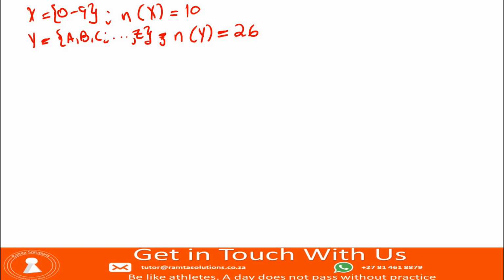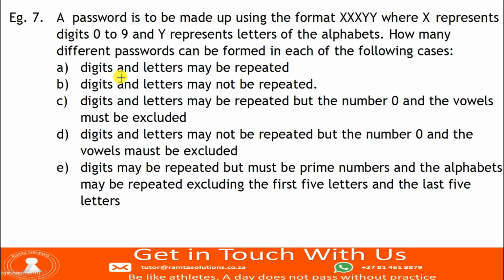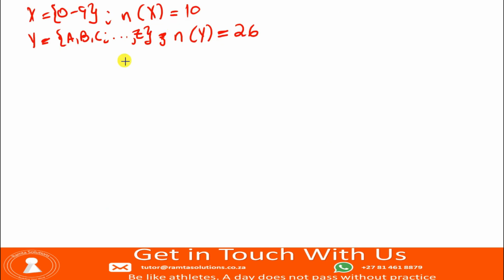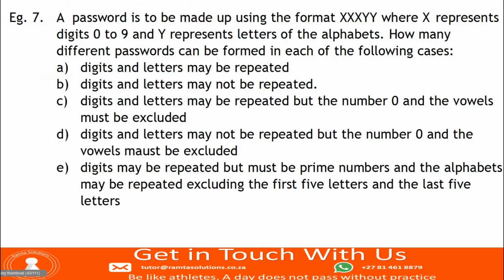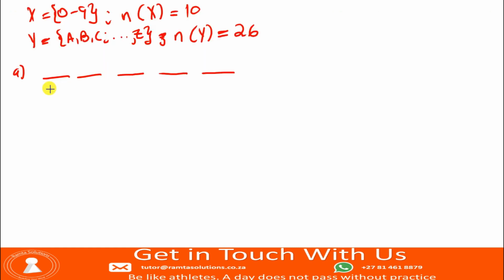Okay, perfect. Now, number A, how many passwords can be formed in each of the following cases? Now, they say digits and letters can be repeated. Remember, digits and letters can be repeated. So number A, we have 3 digits and 2 alphabets. If they can be repeated, they didn't give us any restrictions. How many numbers do we have to choose from?